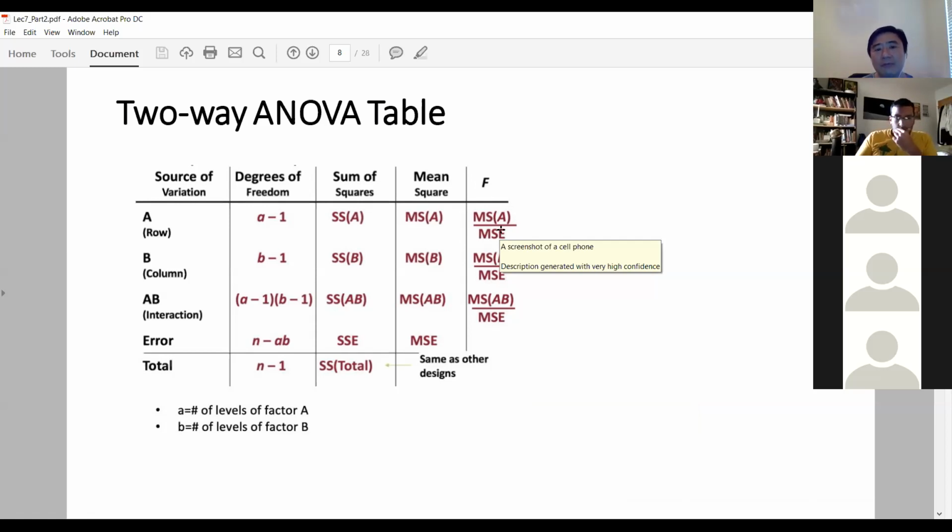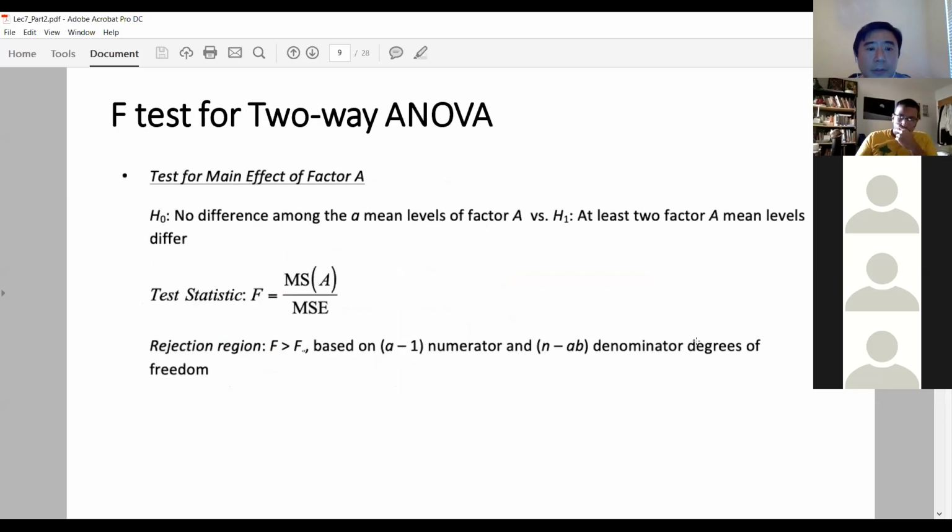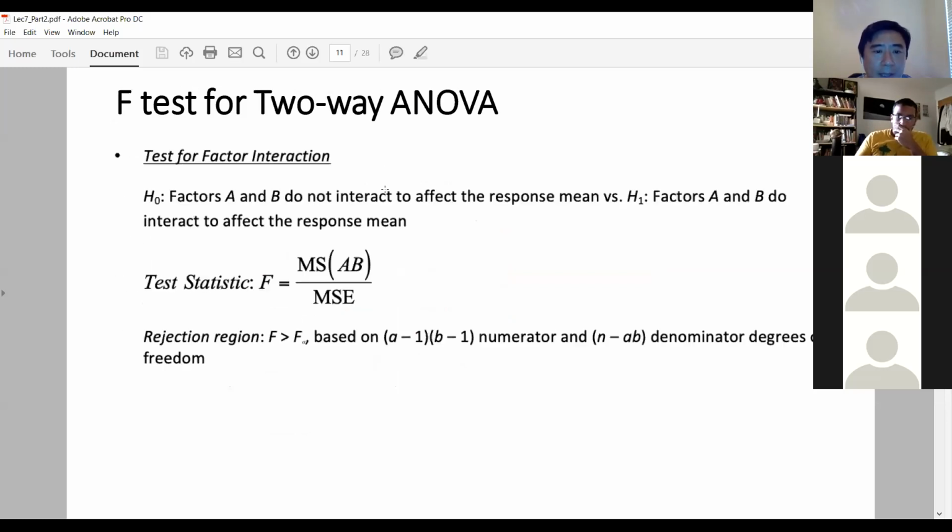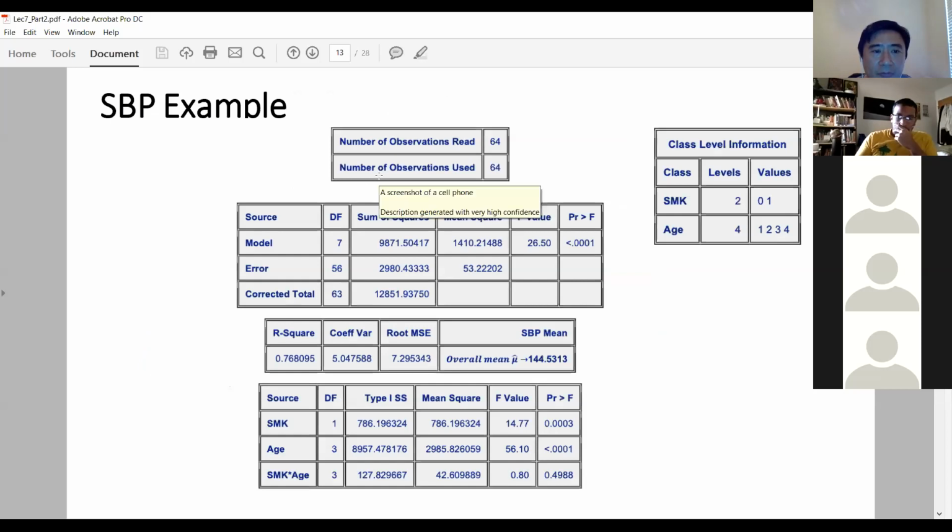SAS already uses that information, but you don't see it. If you calculate by hand, it is very important. All right, that's the F test for factors A and B and the interaction terms.